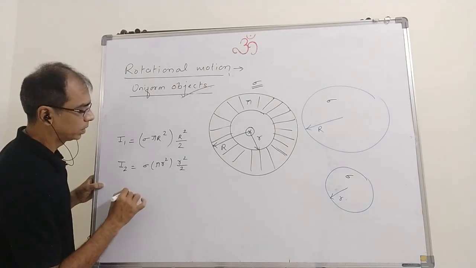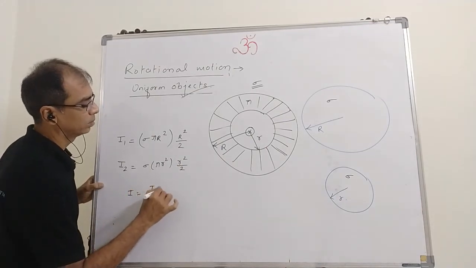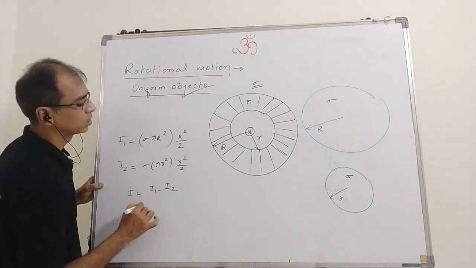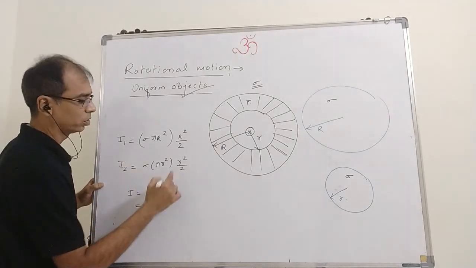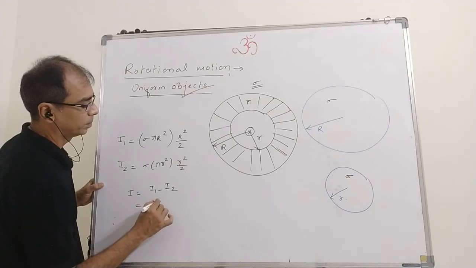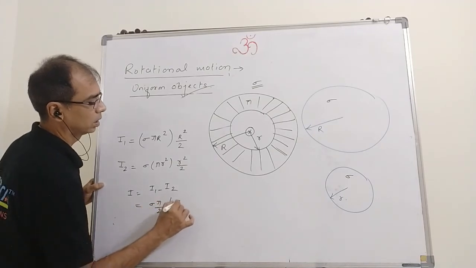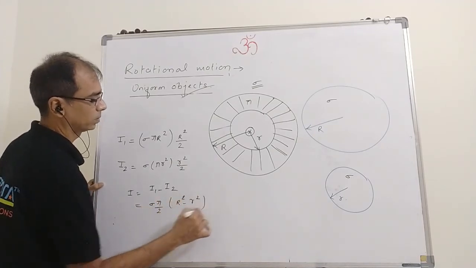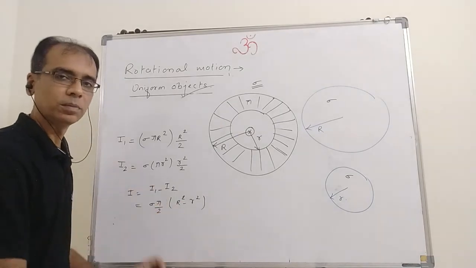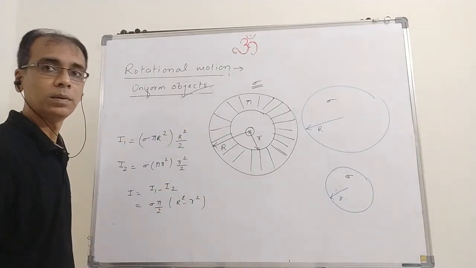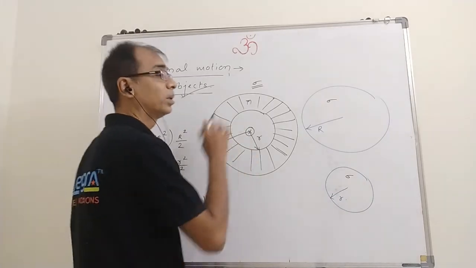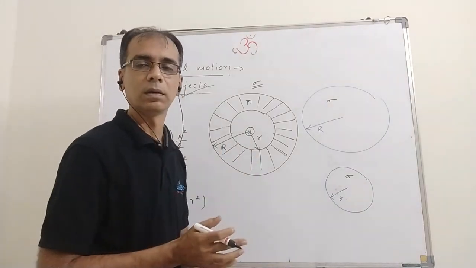So the total moment of inertia will be I1 minus I2. What is common in this? Sigma and pi are common, and this 2 is common. So it is sigma pi by 2 into R to the power 4 minus r to the power 4. This is actually the answer in terms of sigma. But if mass m is given, then what will you do? Sigma is basically mass by area.